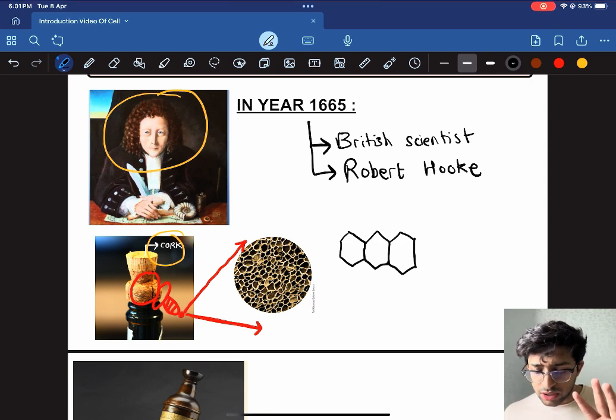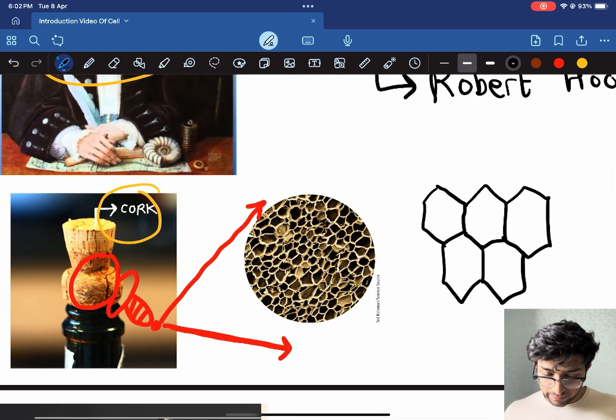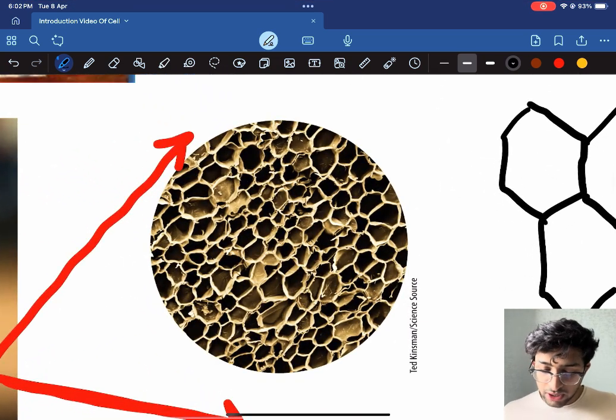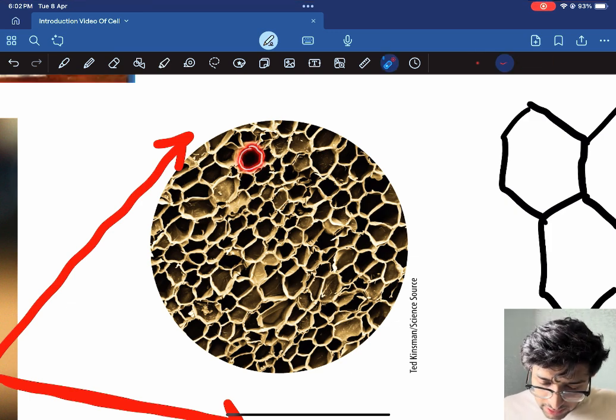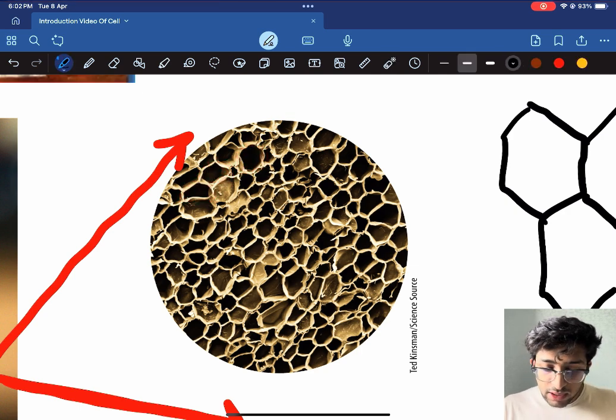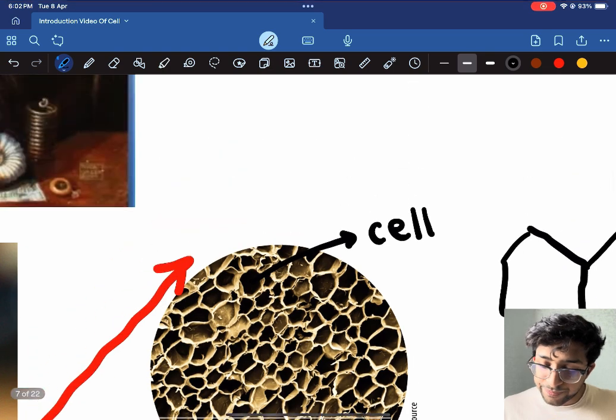Fully yellowish color with six sides of hexagon. As you can see on the microscope, he saw this kind of structure, and if you focus on this area, the small dots or small circles, he termed this as the cell.